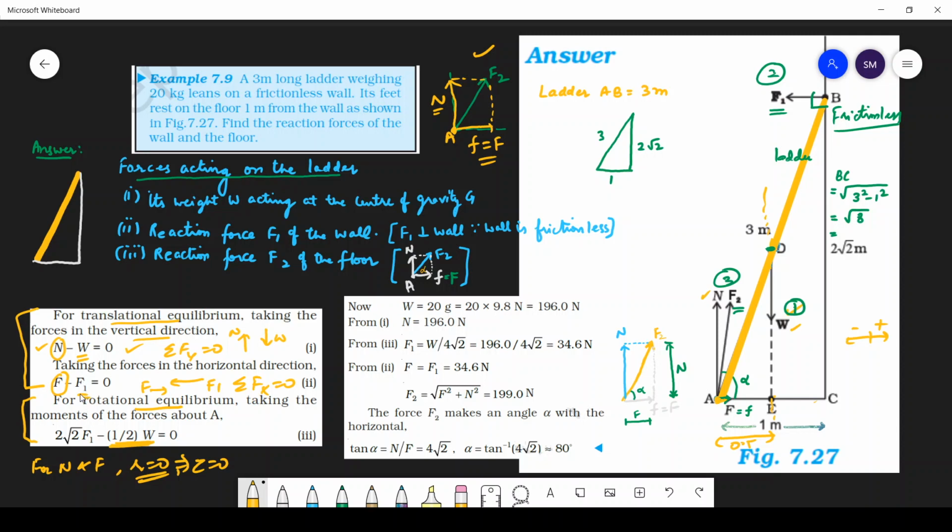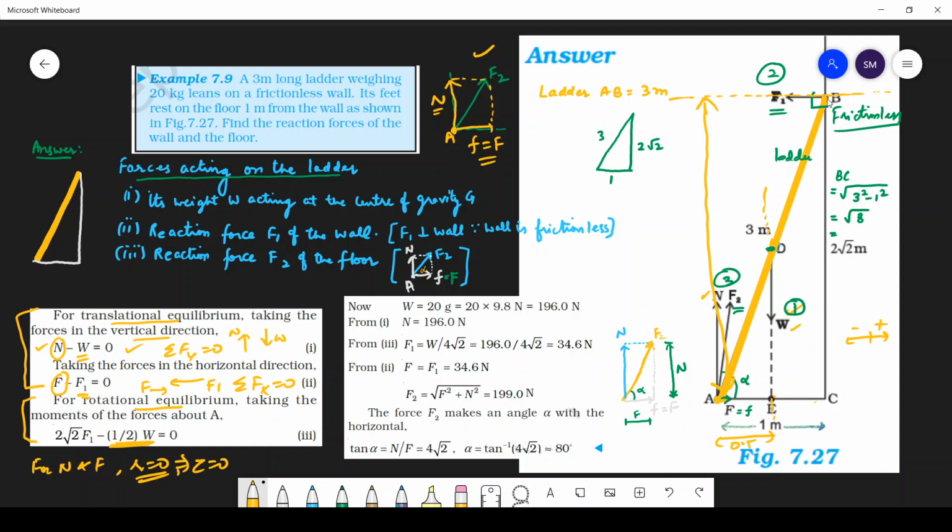And what about F1? What is the distance of F1? So this is F1, and this is your line of action, and this is your point from where you are taking the moments about A. So the distance between the origin and the line of action, this distance you are going to take.